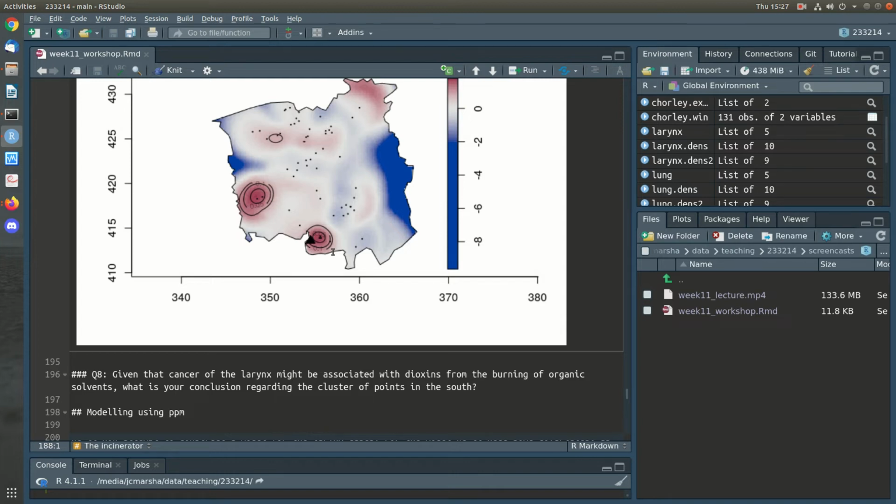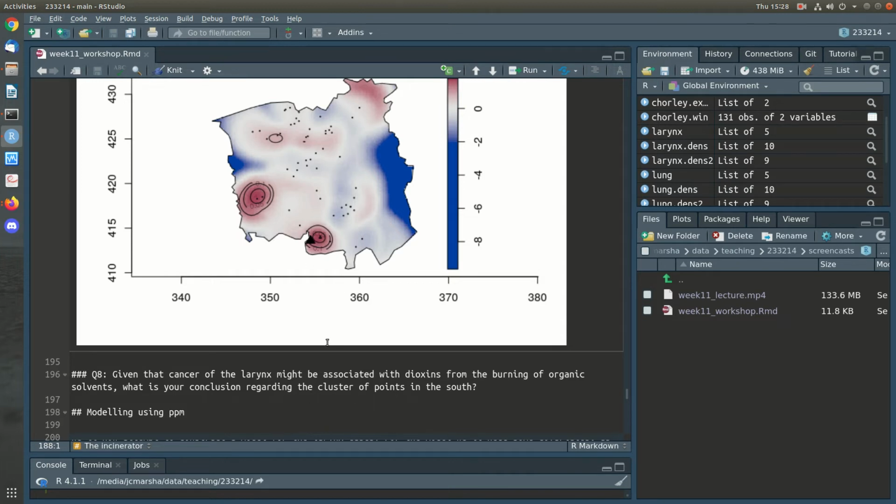So the data set itself was telling us that maybe there's more cases of larynx cancer here than we might expect, given the distribution of lung cancer cases, which depends less on dioxins from burning organic solvents and more to do with things like smoking or other occupational issues.